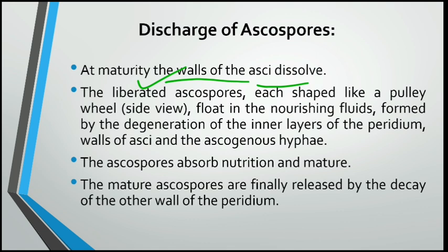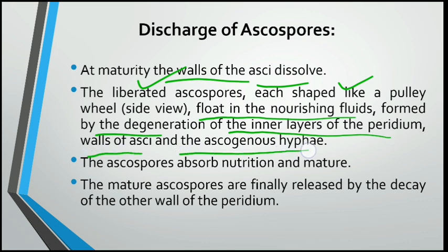The liberated ascospores, each shaped like a pulley wheel, float in nourishing fluids formed by degeneration of the inner wall of peridium, the walls of asci and ascogenous hyphae. So these ascospores actually float inside the fruiting body.